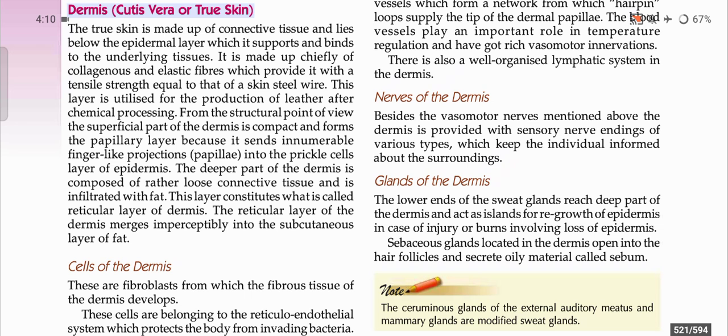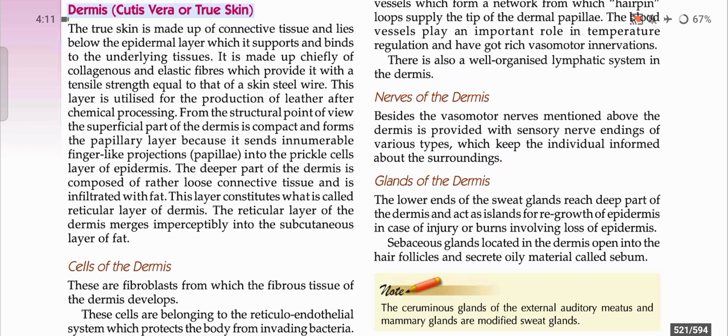It is made up chiefly of collagens and elastic fibers, which provide it with a tensile strength equal to that of a thin steel wire. This layer is utilized for the production of leather after chemical processing.